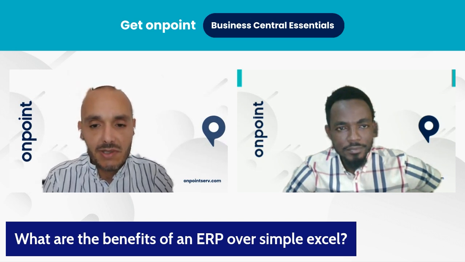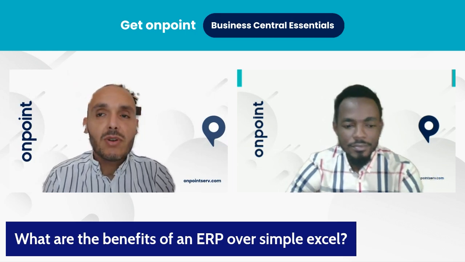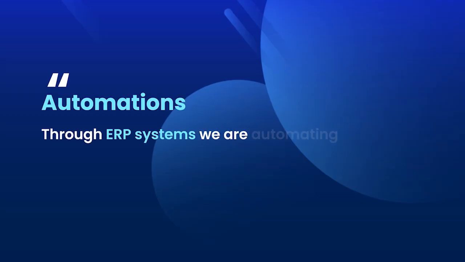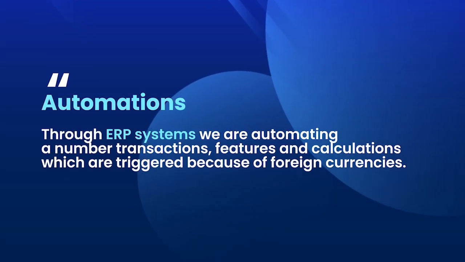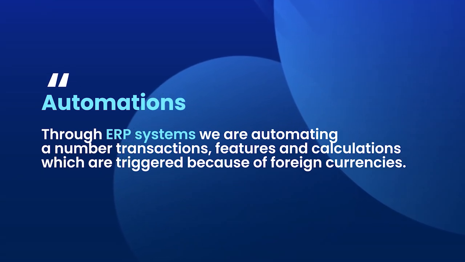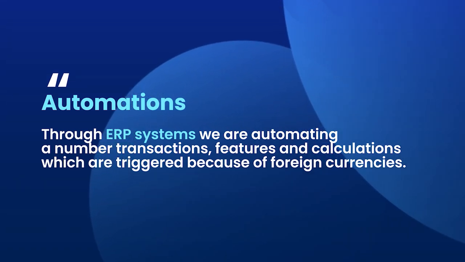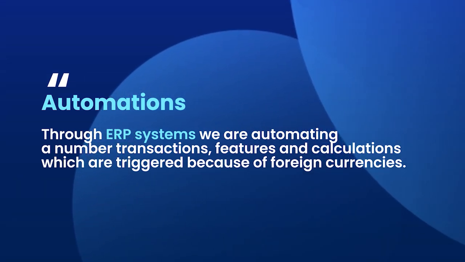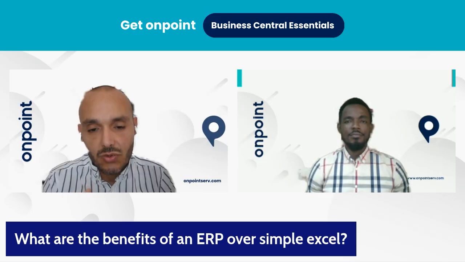And that's where an ERP system comes into play, because through an ERP system, we are automating a number of features, transactions, and calculations which are triggered, for example, because of foreign currencies. And that's why ERPs are so important.